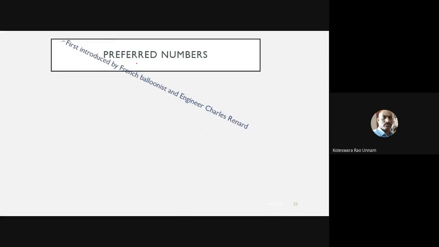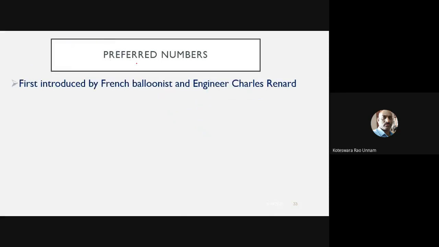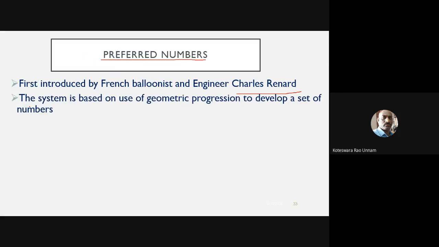The preferred numbers are nothing but a series of numbers, first introduced by the French engineer Charles Renard. These preferred numbers are a series of numbers arranged in a geometrical progression. His preferred number system is based on the use of geometric progression to develop a set of numbers.